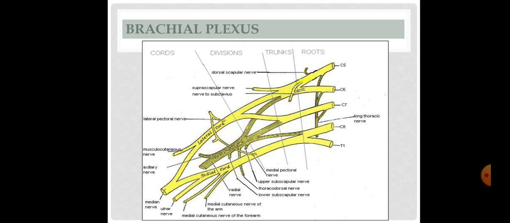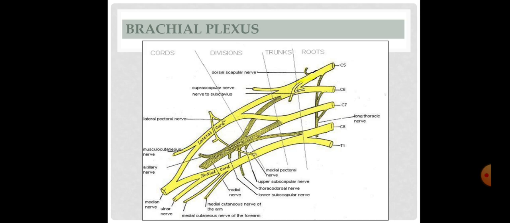These branches are important because they are related to Erb's palsy. Then the divisions: no branches arise from the divisions, but the main branches arise from the cords.